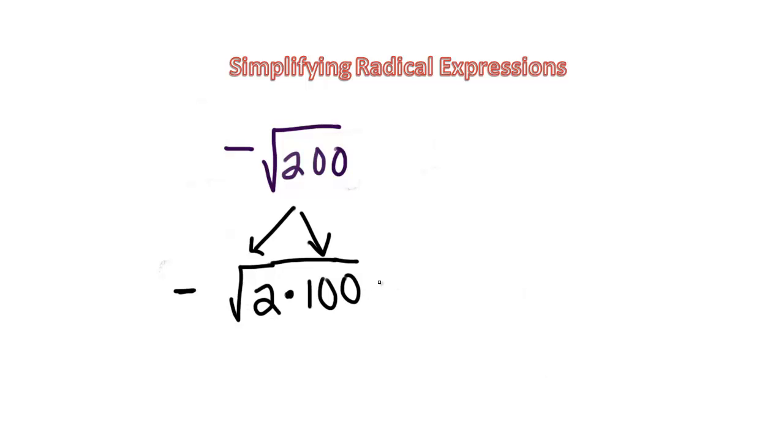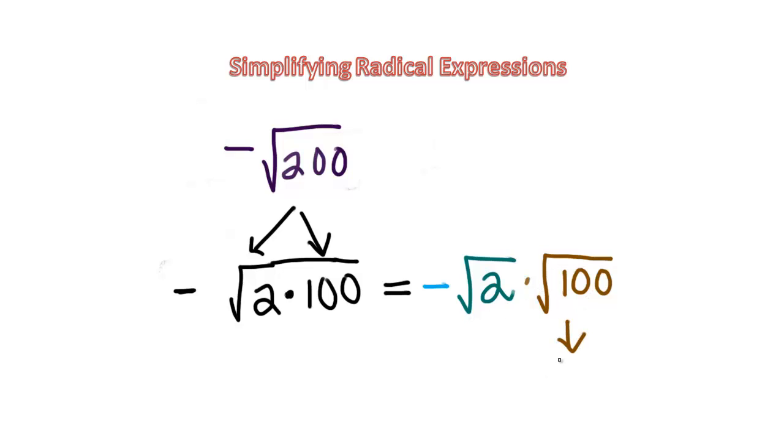So this equals, let's change the color here, a negative sign there, and then the square root of 2 times the square root of 100. You can see that the square root of 100 is just 10, and radical 2 stays the same. So now we can rewrite our final answer.